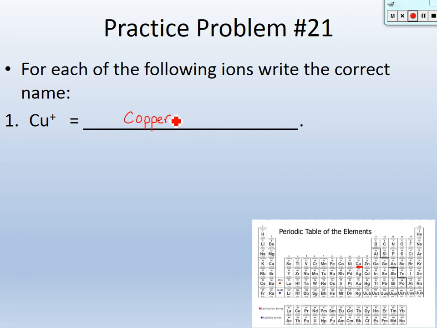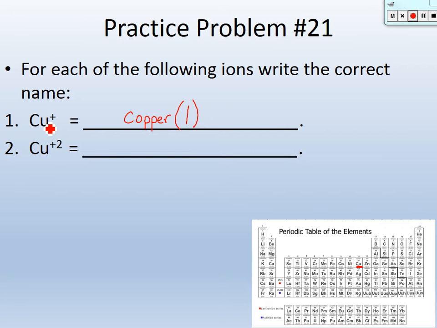You don't change its name, you just write copper. But if this one has a +1 charge, how do we tell people that this is copper +1? Well, we need parentheses, and the Roman numeral in here represents its charge. So the Roman numeral 1 tells people that it is copper +1. And a chemist would say this is copper 1.